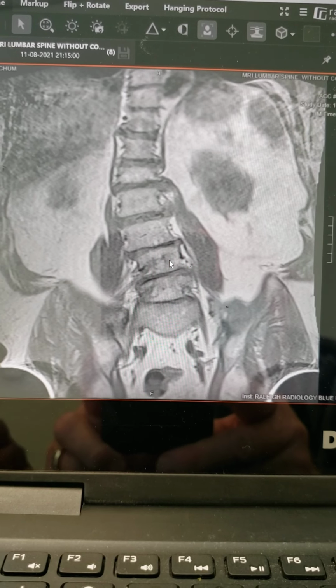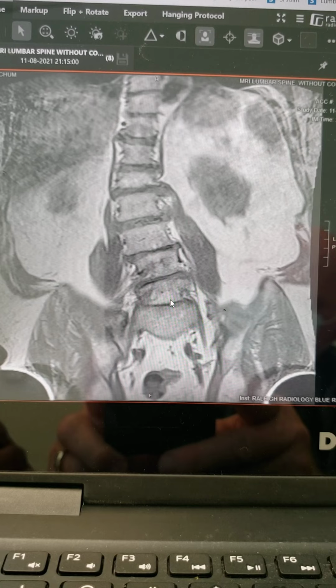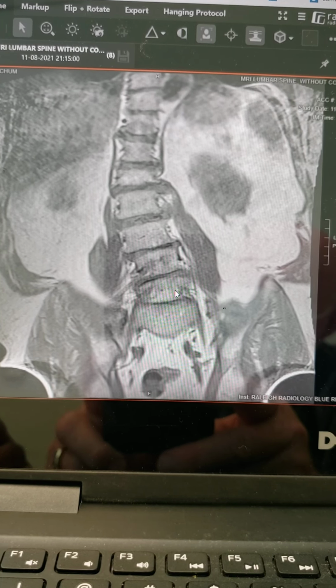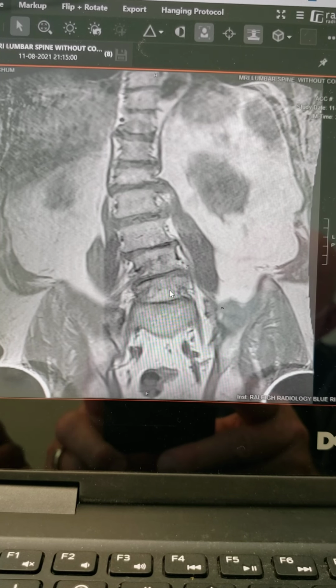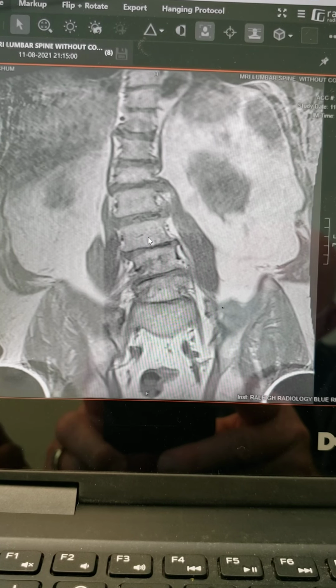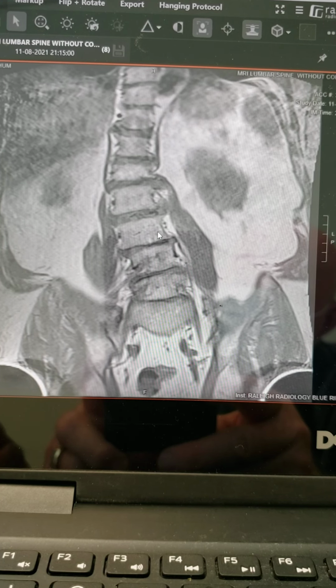A grade 1 retrolisthesis means that the bone sitting on top of the bone beneath it is at less than a 25% shift. He's got a retrolisthesis of the 4 on top of the 5, the 3 on top of the 4, the 2 on top of the 3, and the 1 on top of the 2. So all the bones have shifted out of alignment.